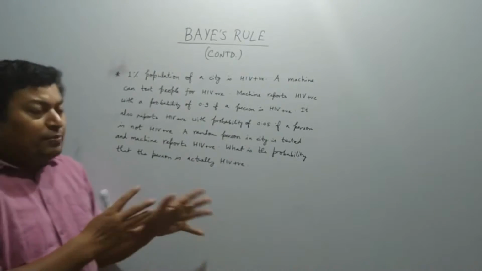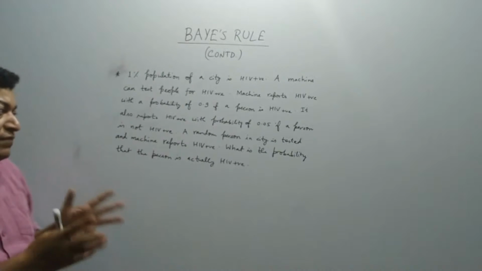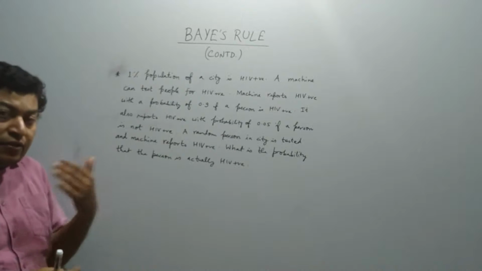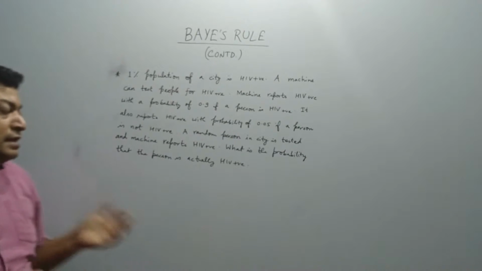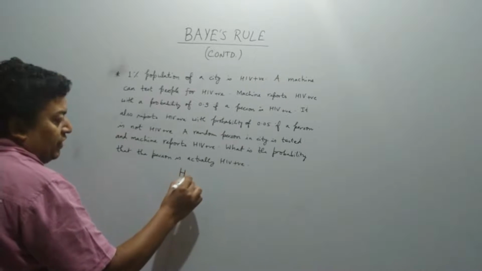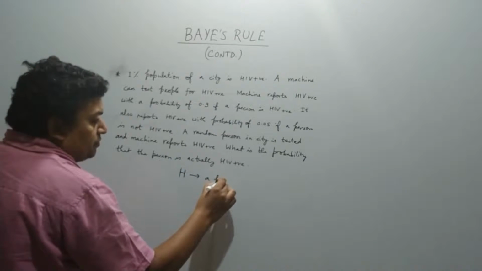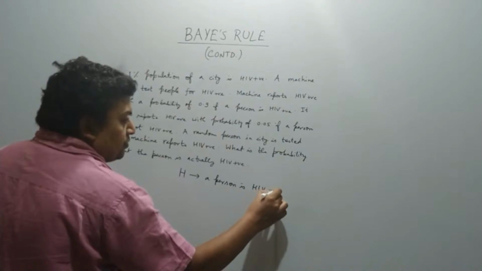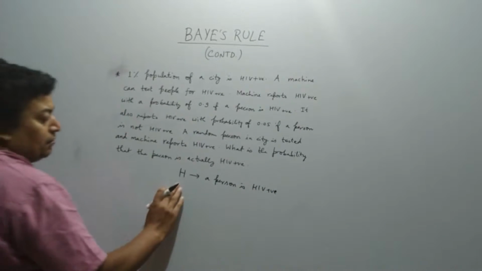In these kinds of problems, as I told you in the last video and last lectures, the crux of the problem is to develop the probability expression which you have to find. That means identifying the events. Here, if I say that H is the event that a person is HIV positive, then P(H) is how much?